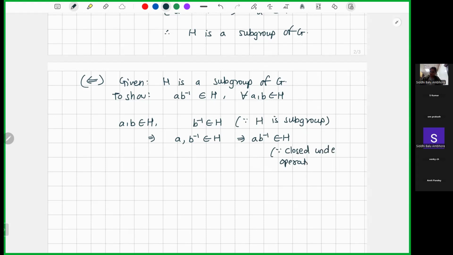Since it is a subgroup, all the products of elements of H belong to H again.